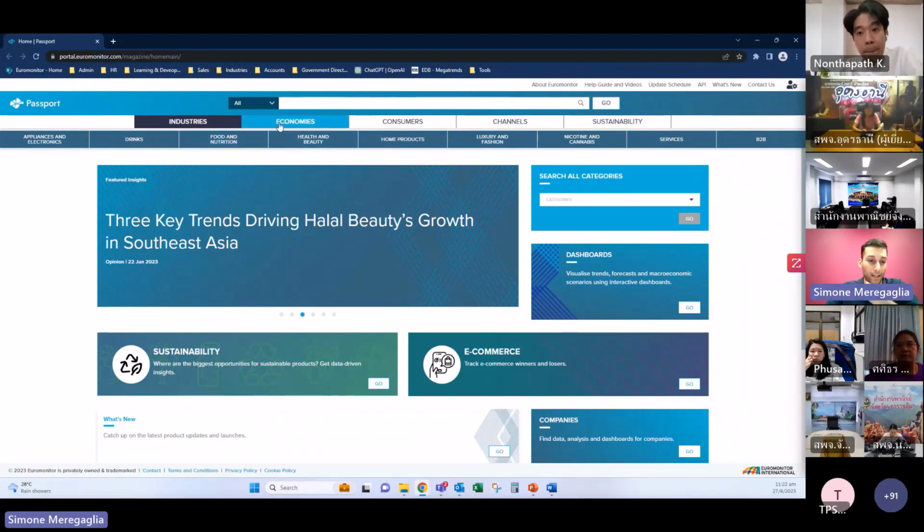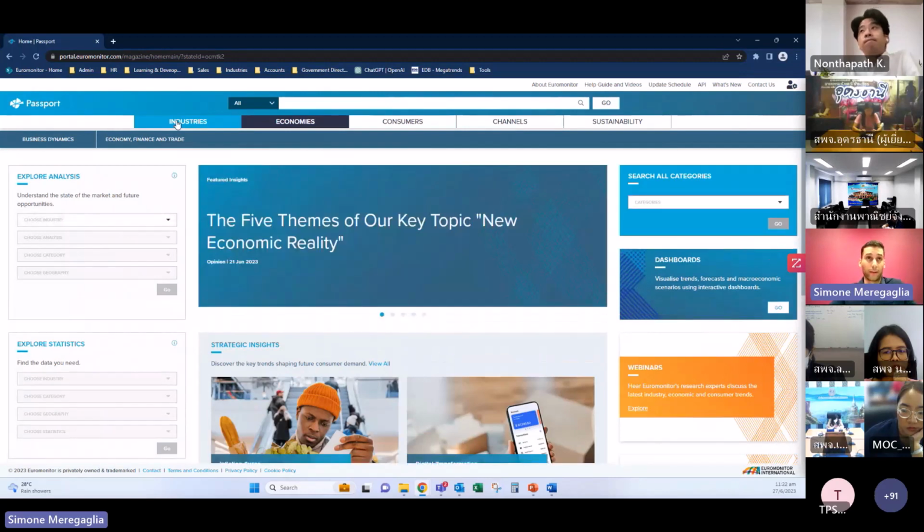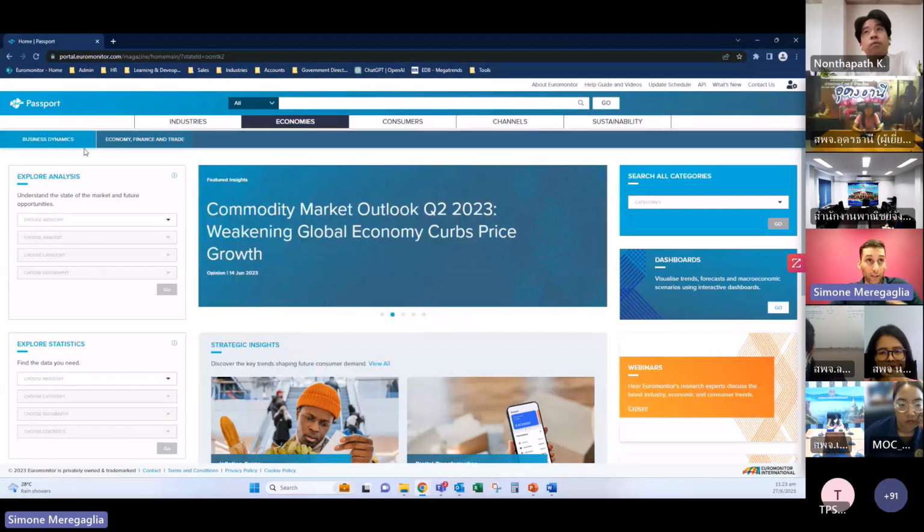Within economies, once I have understood the industry in a specific country, the market size, the company shares, the brand shares, I want to understand how that country is doing from an economic point of view, and that's what economies is for. In economies, you have 2 pillars that you subscribe to. One is business dynamics, which provides data and analysis on a country's operating environment with insights on labor force, education and skills, business costs, political stability, and global competitiveness.